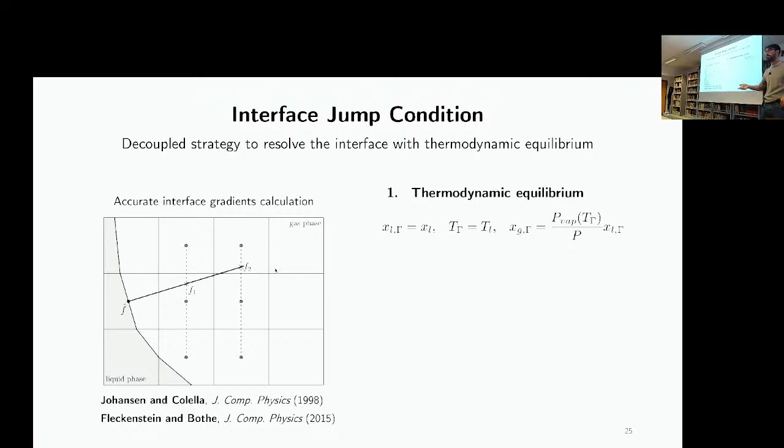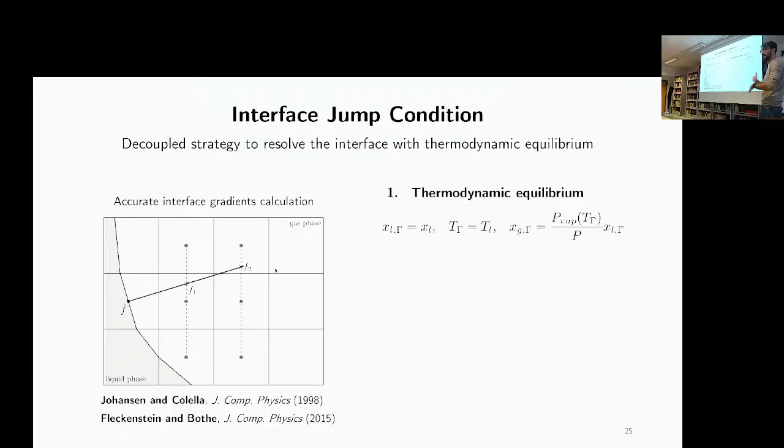So we developed a proper strategy to decouple this system of equations and to obtain a vaporization rate for the multi-component system. In particular, we assume that the mole fraction of liquid at the interface is equal to the neighboring liquid mole fraction, and the same we do for the interfacial temperature.